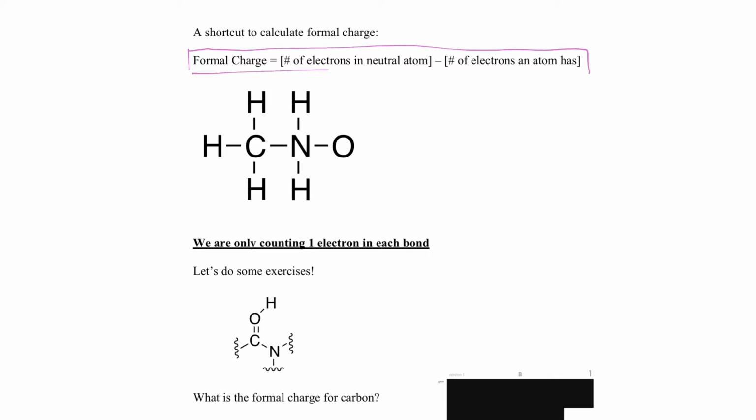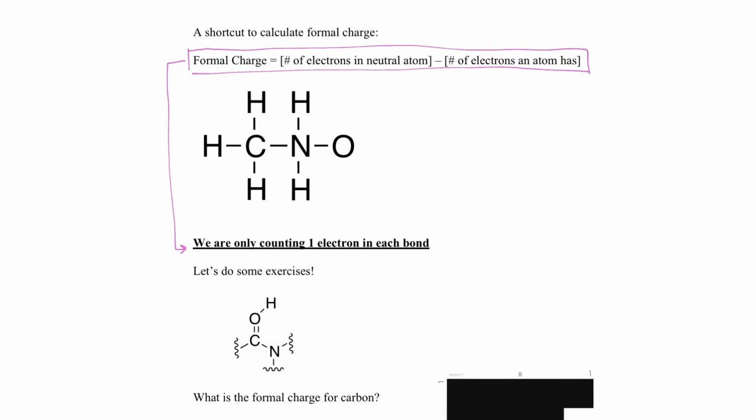Let's say that we are given this molecule here, and I ask you to just tell me the formal charge of the carbon that you currently see. Let's try to apply this formula. In order to find the formal charge of carbon, we have to first take the number of electrons in the neutral atom for carbon, which is 4, minus the number of electrons an atom currently has.